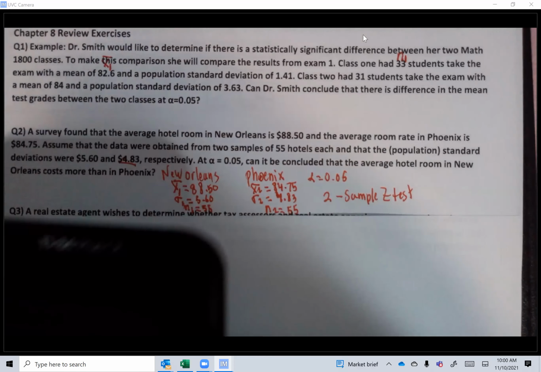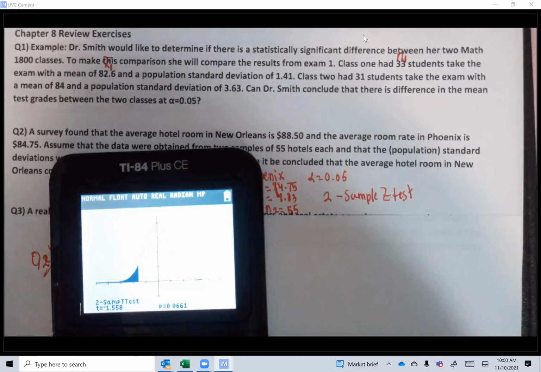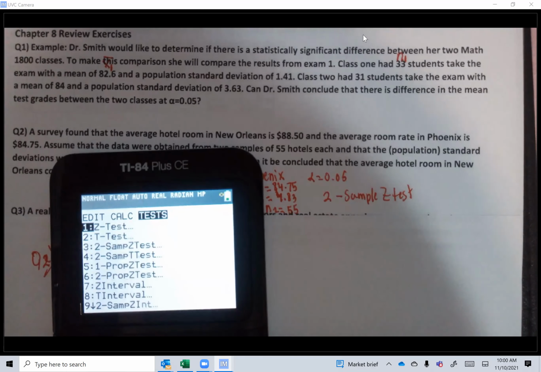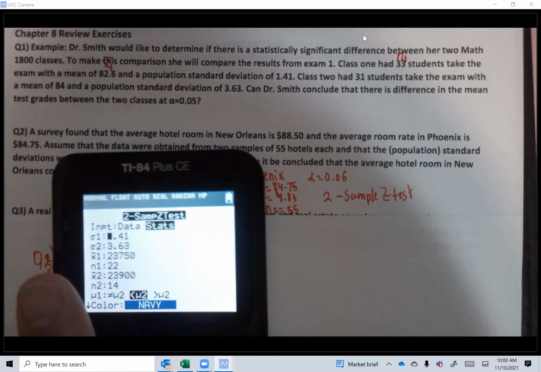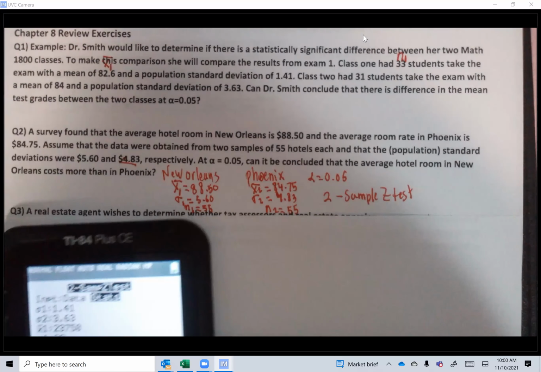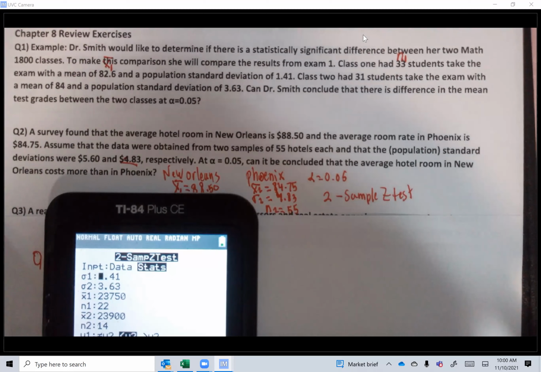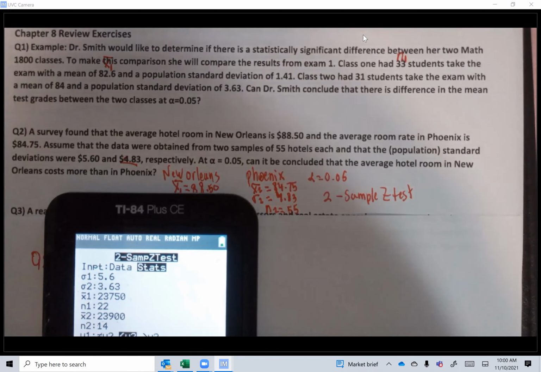So let me get the calculator. 2-sample Z-test. Okay, sigma 1. He wants sigma 1, guys, 5.60. Then he wants sigma 2, 4.83.